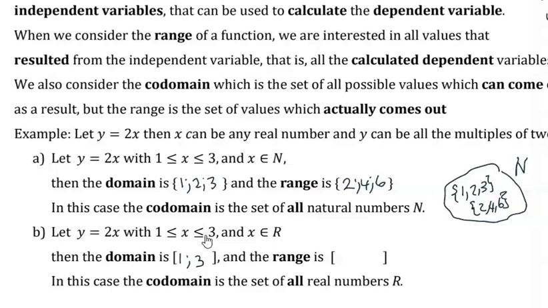So the smallest value is 1 and the largest value is 3, and we use the square brackets because those values are included. It's equal signs there.